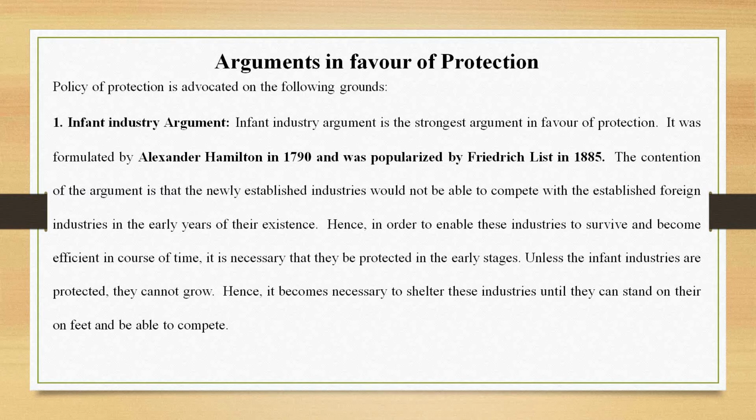The argument says that industries which are in their infant stage need to be protected in their initial stages. If a country allows foreign commodities in at the infant stage, the infant industry will collapse. This is the argument given by Alexander Hamilton.